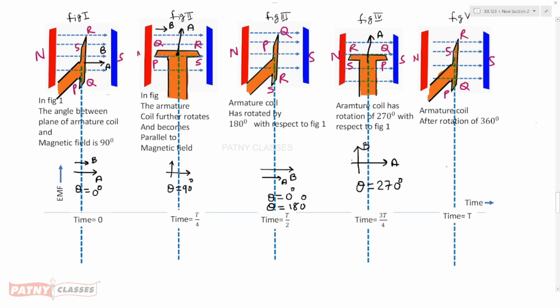In this case, the area vector and the magnetic field are both in the same direction, so the angle between them is 0 degrees. And the coil has already rotated 360 degrees. Therefore, theta equals 360 degrees.